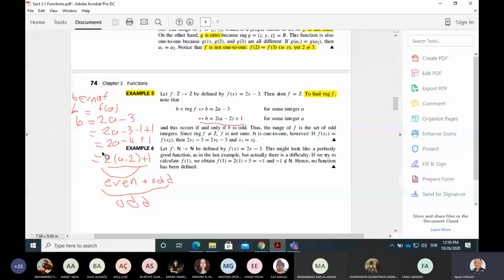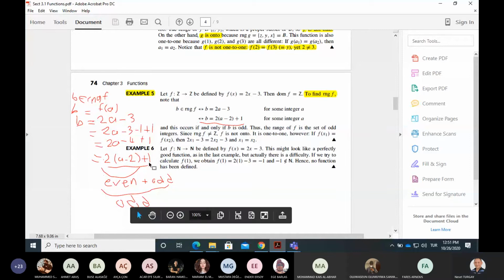Now there is a trick here. I add -1 and I add +1 to this expression. It doesn't affect it because -1 plus 1 is 0. This now becomes 2a minus 4 plus 1. I can rewrite this as 2 times (a minus 2) plus 1. This part is even, this part is odd.